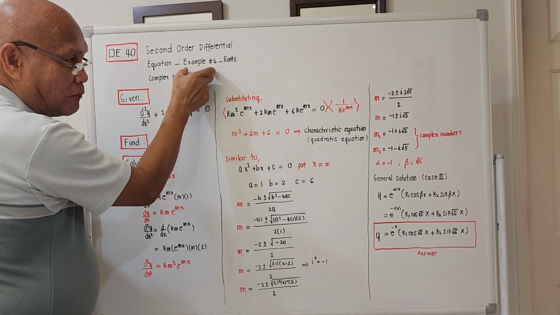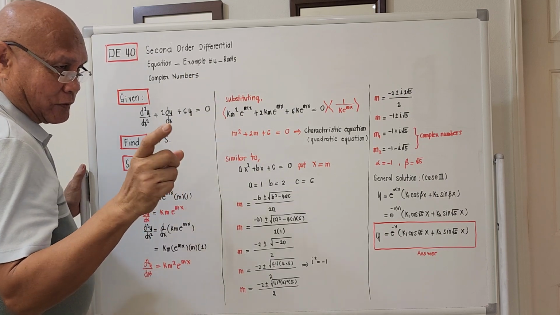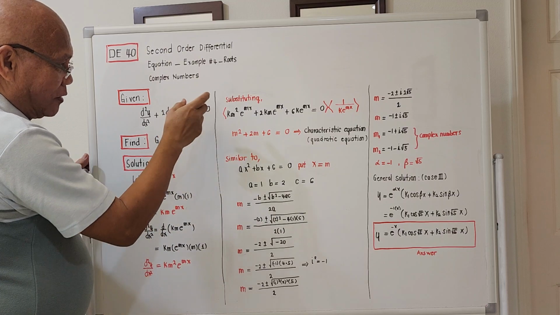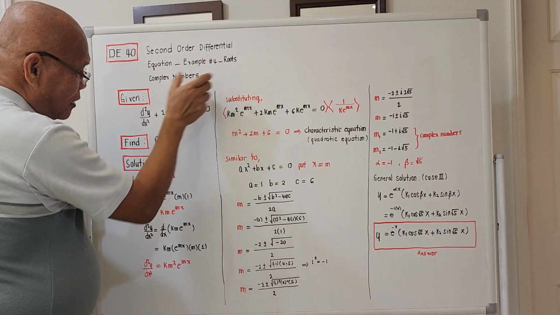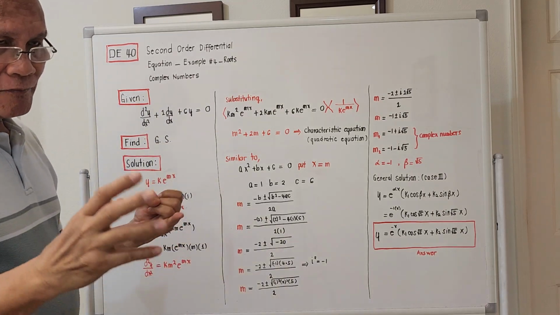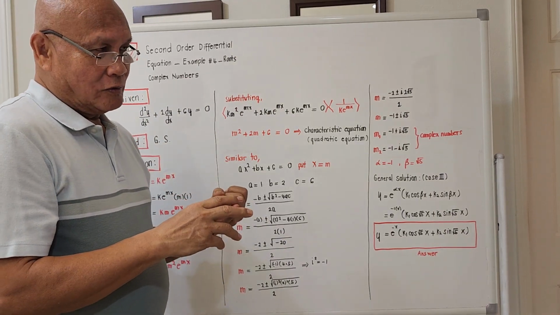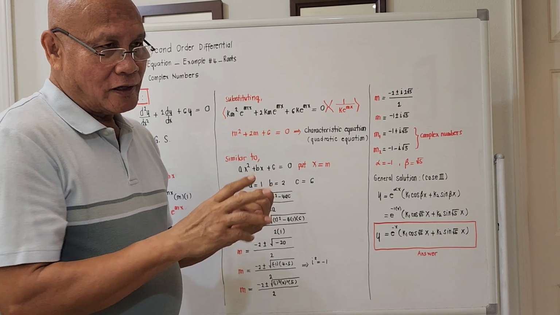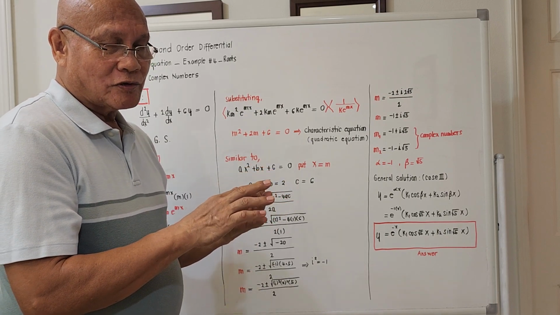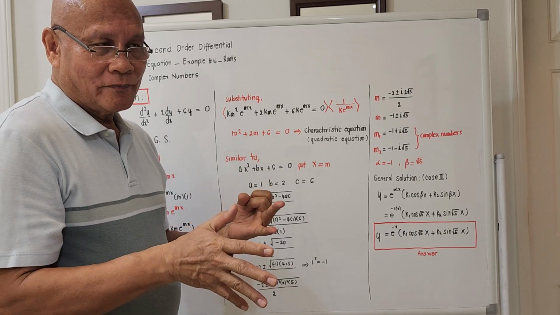This should now be example number 4. It's another variation. The roots are complex numbers. Example number 1 had real and unequal roots. Example number 2 had real and equal roots.